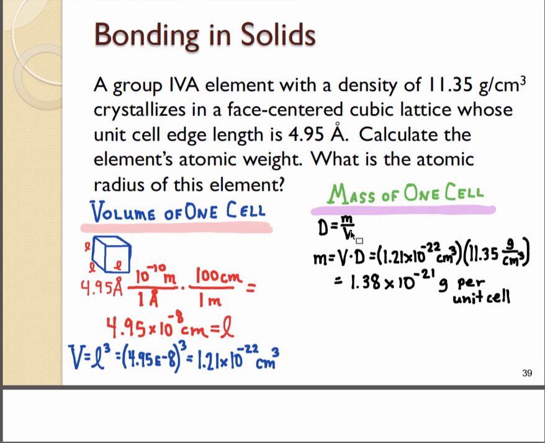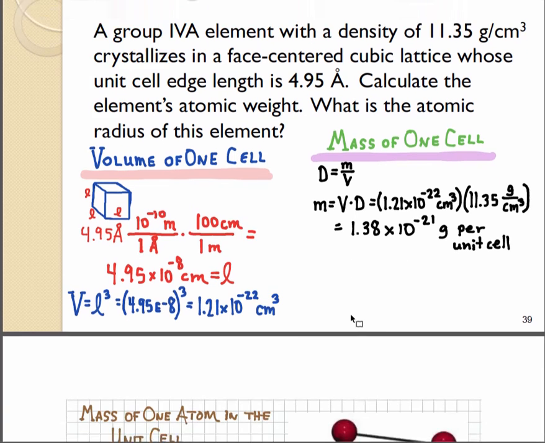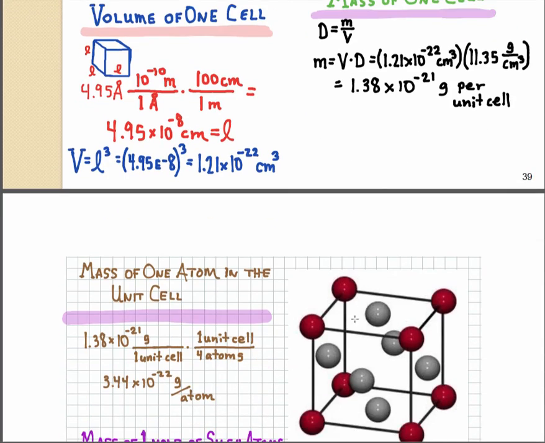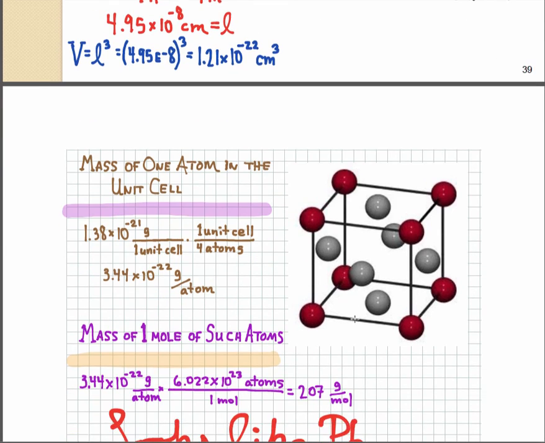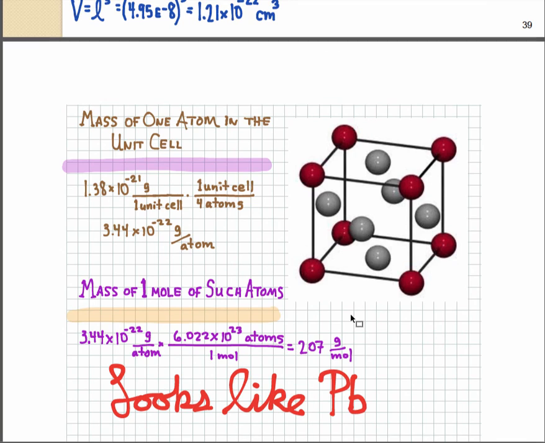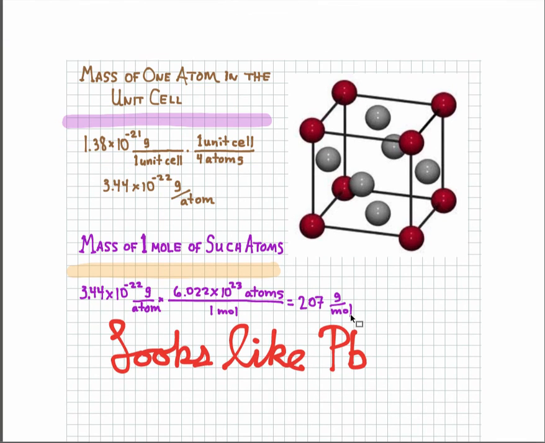If I knew the density, I could rearrange to get the grams per unit cell. And if 1 unit cell had 4 atoms in it, what must be the mass for a mole of those atoms? It comes out to 207 in this calculation.